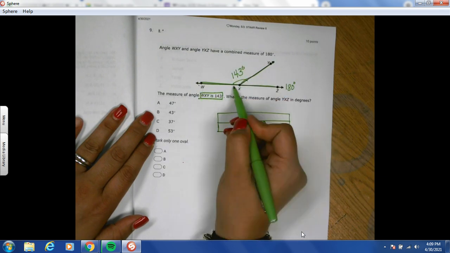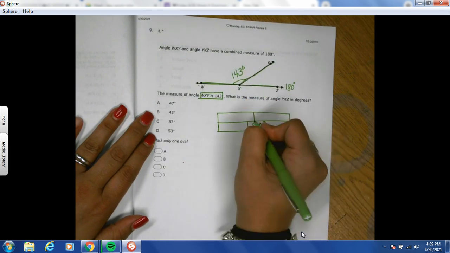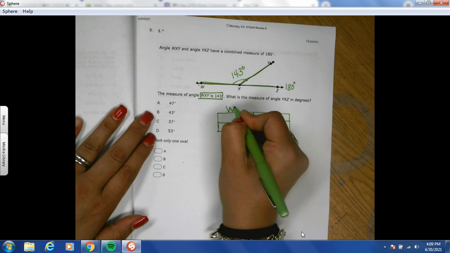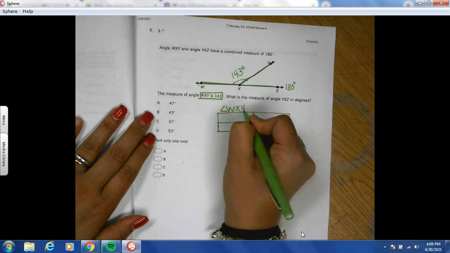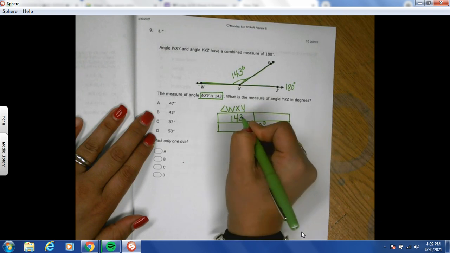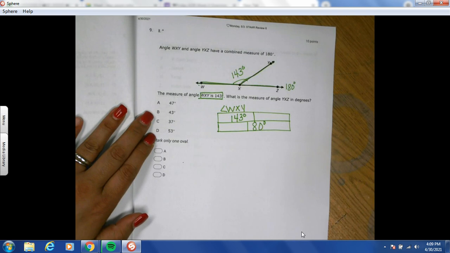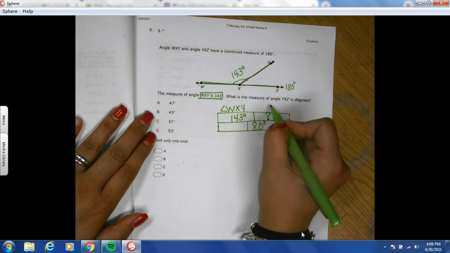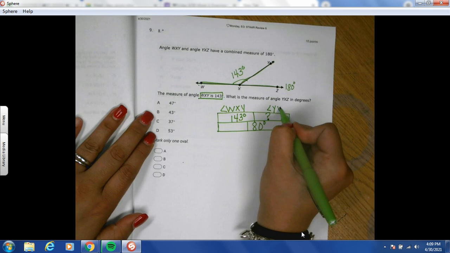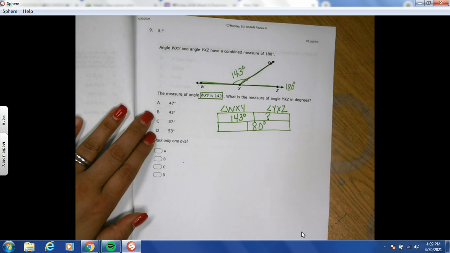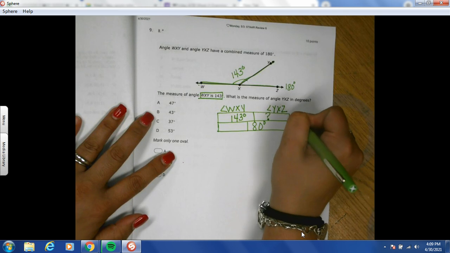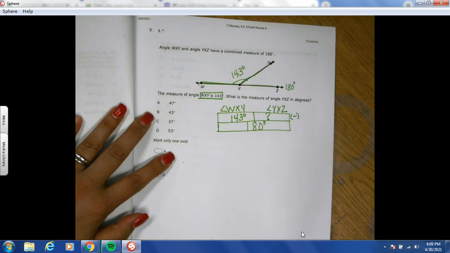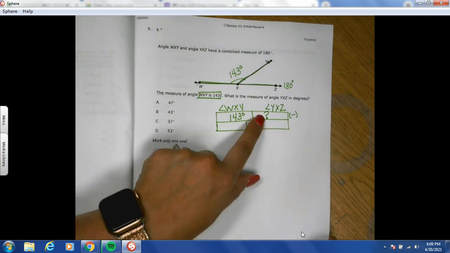El ángulo WXY mide 143 degrees. Entonces, and then we want to know how much angle YXZ measures. Okay, so when we're missing a part, we subtract. Cuando nos falta una parte, restamos.